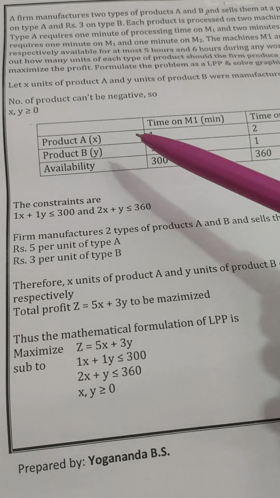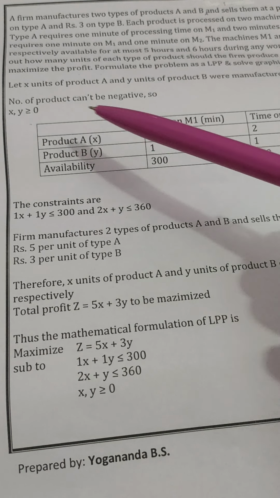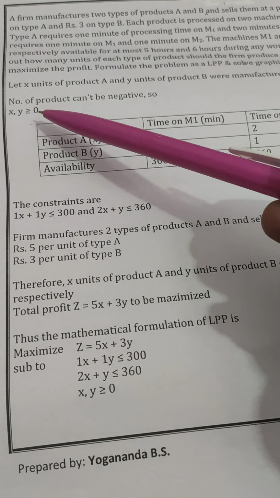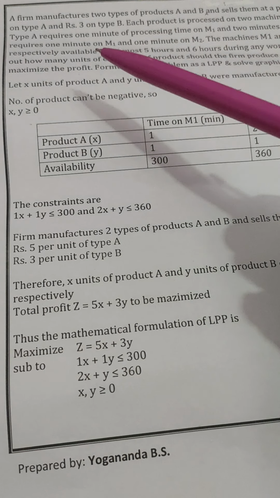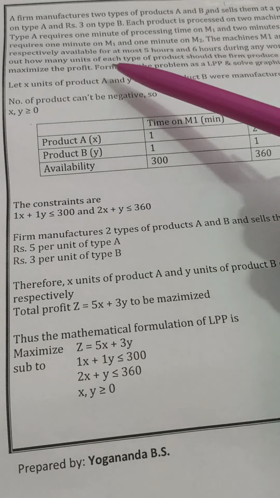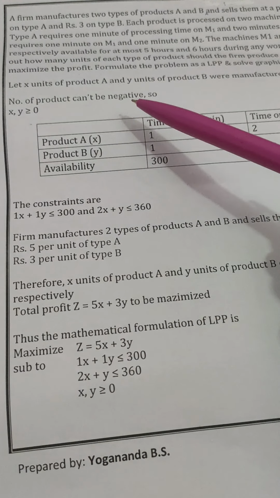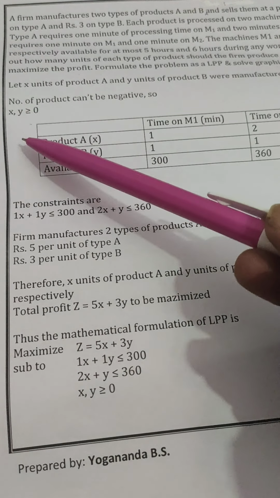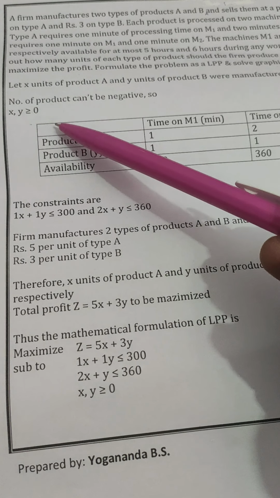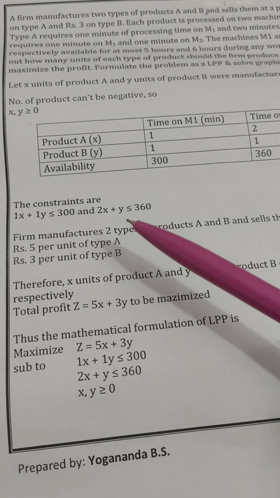If I don't produce any product, X and Y can take 0. If I produce some products of A and B, X and Y will take positive values. So one of the constraints is X, Y greater than or equal to 0.